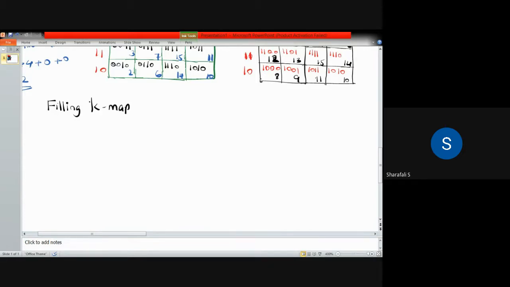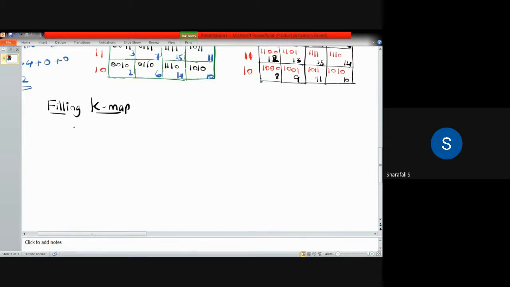This K has to be capital. Okay. Filling K-map. How can we fill a K-map? So there are two ways. One is by using the SOP form. The second one is by using the POS form.